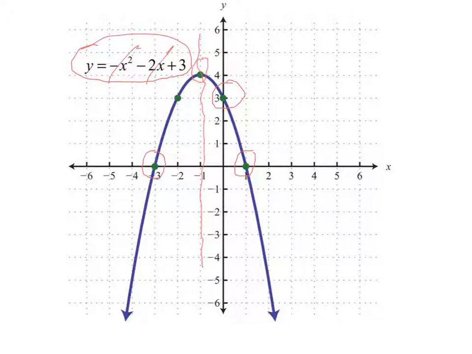So the y-intercept is where x is 0. The x-intercept is the solution for this equation, in other words, where y is equal to 0. And with all these points, with the vertex, knowing it opens down, and the intercepts and the axis of symmetry, we can get a very good idea of what the graph looks like.